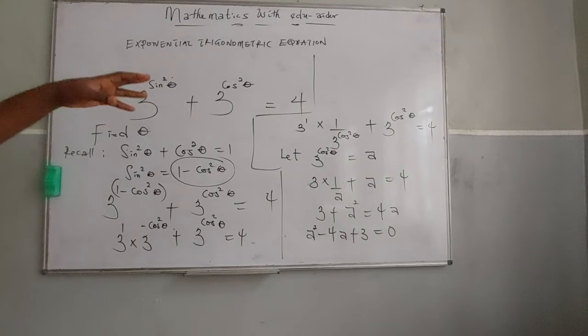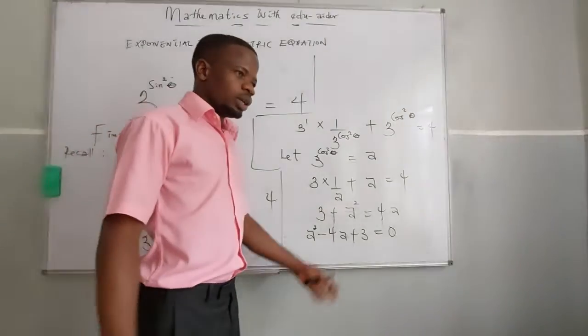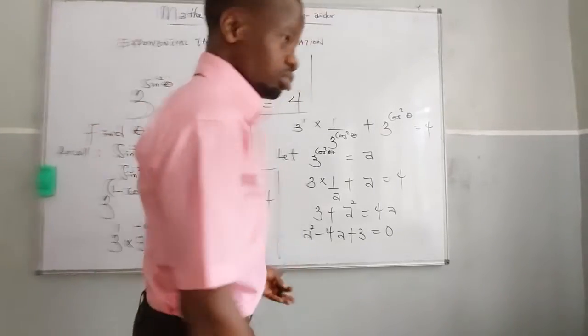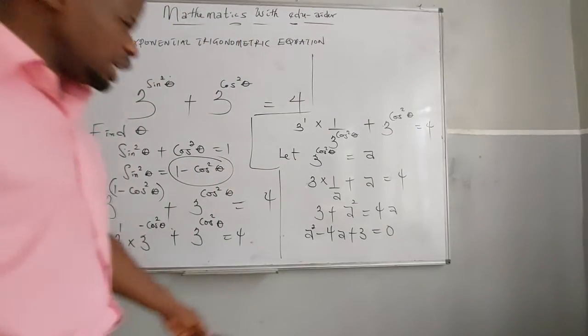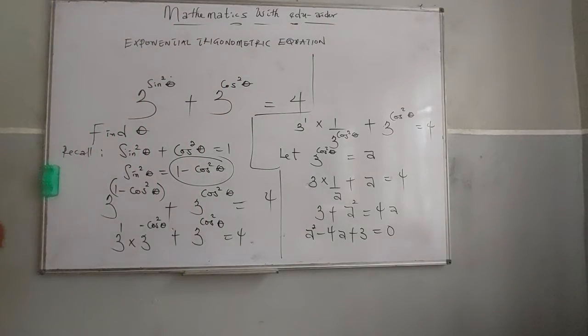So we can now solve this using any principle of solving a quadratic equation, which can be the factorization approach, completing the square, the general formula method, even the graphical method. But it's easier factorizing here, right?